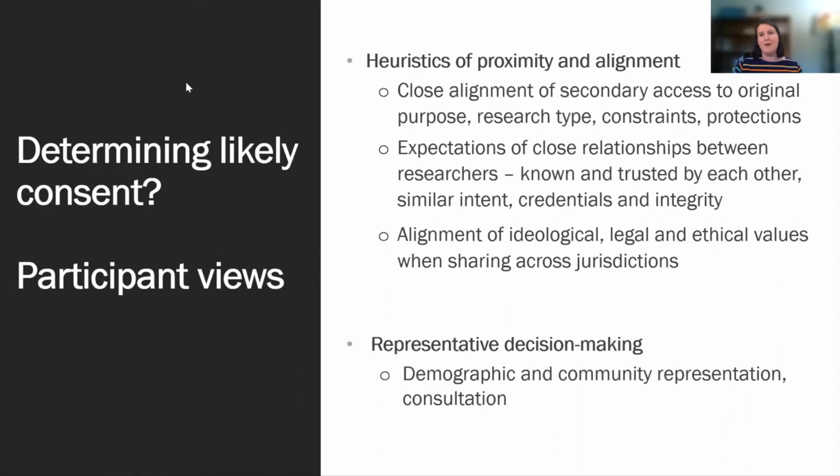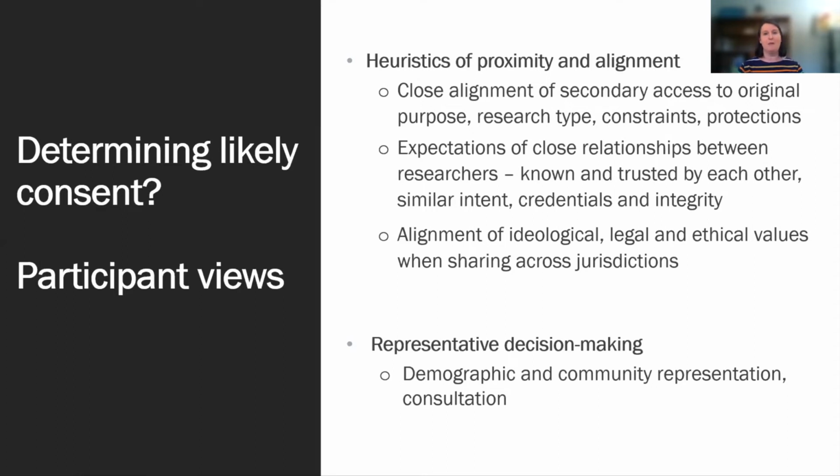All right, so where I was up to, I hope this is where you were up to. That if that forewarning of the possibility of a waiver was not possible, then the participants were mostly across the board saying that the only way that they could imagine that criteria around the likelihood of consent being met was to look at proximity and alignment as the determining heuristic.